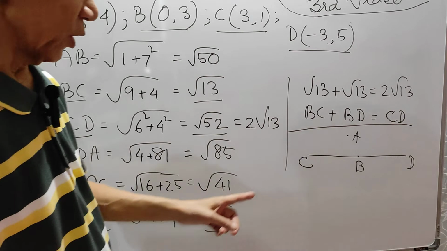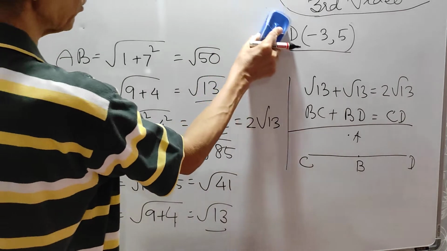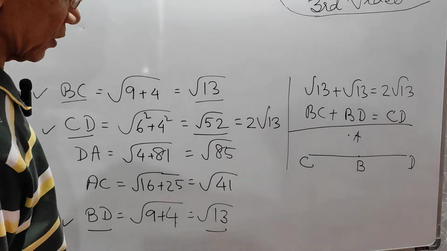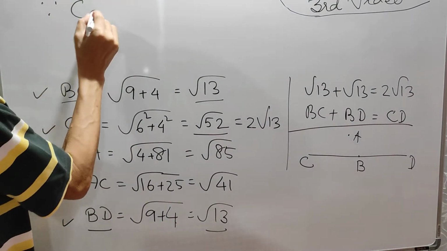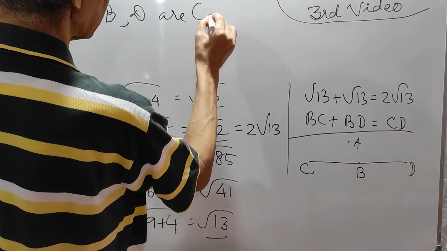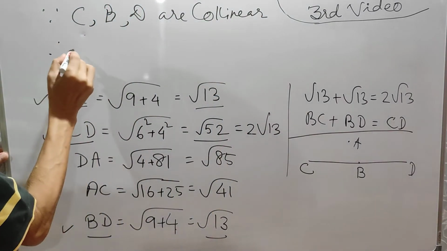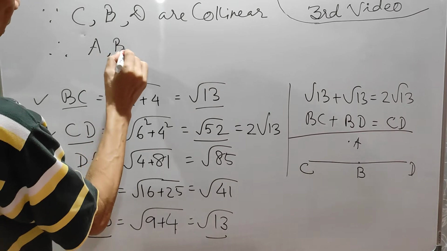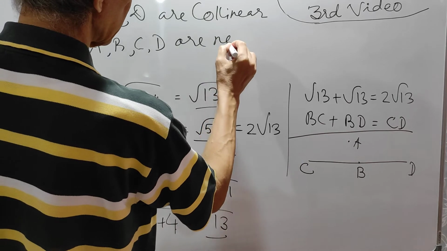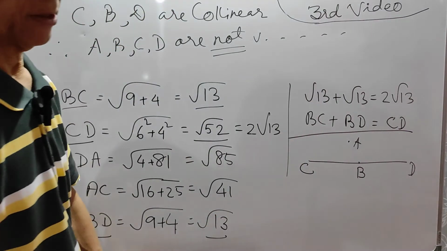All right. Since C, B, D are collinear, that is what you are going to write. Since C, B and D are collinear, hence the 4 points A, B, C and D are not vertices of a quadrilateral.